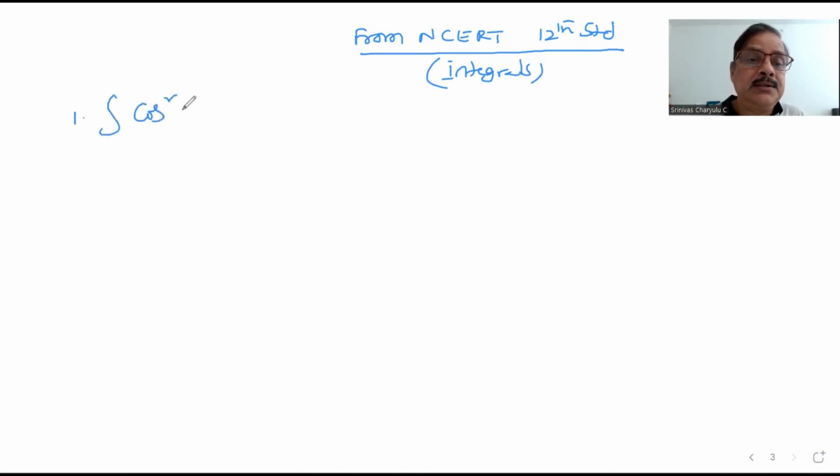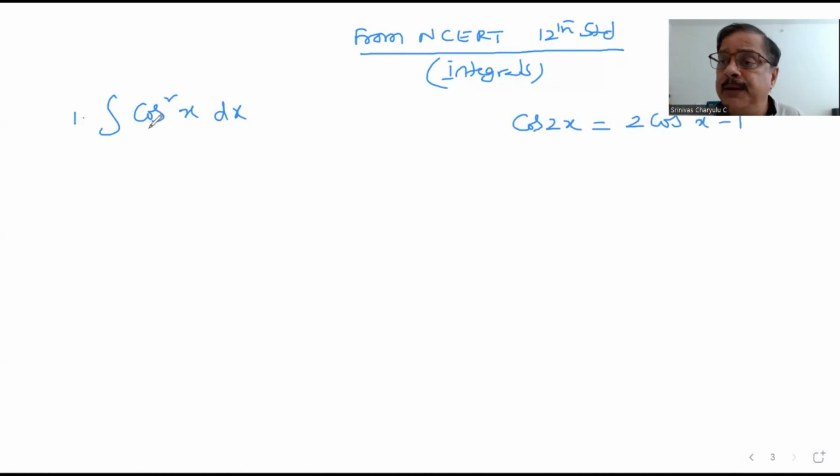So what is the first sum? Integral cos square x dx. Now in our formulas, we have the cos 2x formula: cos 2x is equal to 2 cos square x minus 1. Here we have to replace cos square x using this.